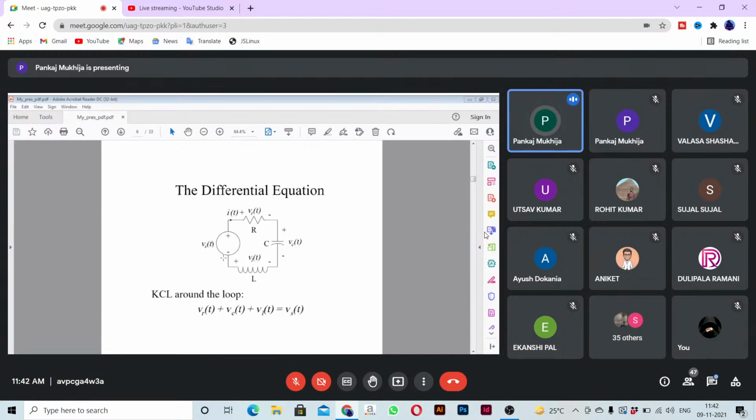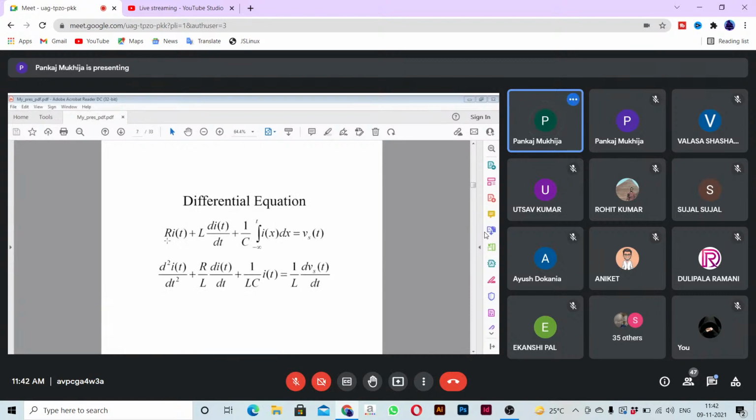From KVL you can write Vs equal to VR plus VC plus VL, and you can now express VR, VC, VL individually. That will give you this equation. And if I differentiate this first equation, I get this second equation.